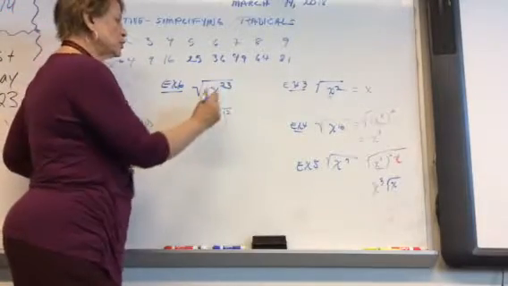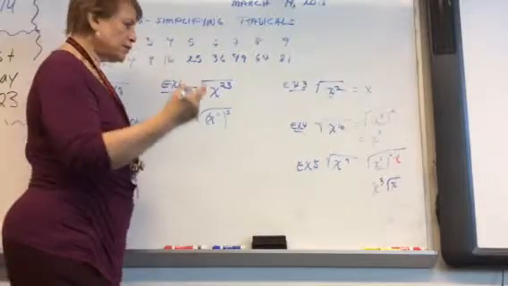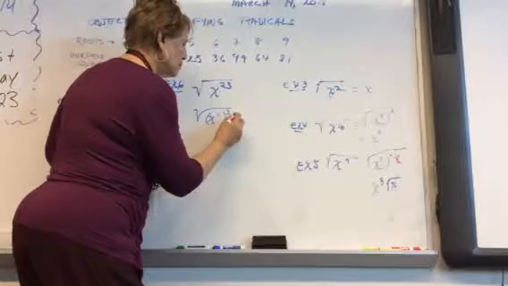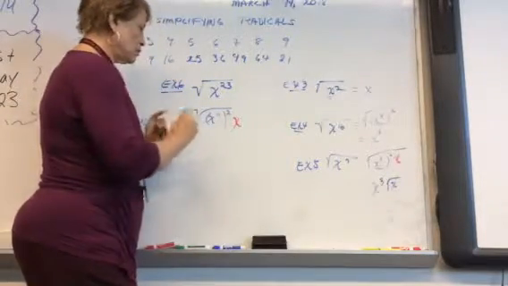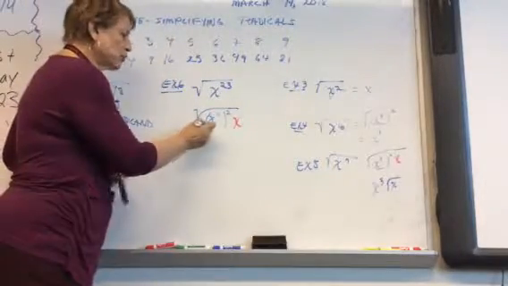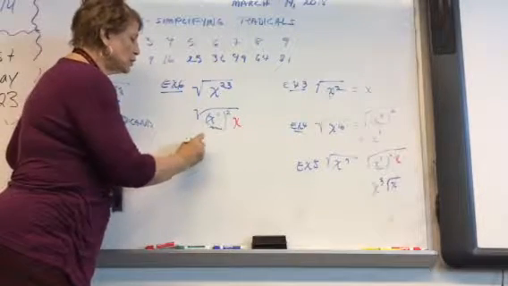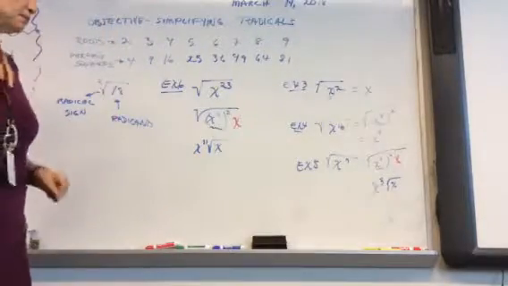Now 2 goes into 23 11 times with 1 left over, and that is going to be 1 x. So when I simplify this, I'm going to take out the square root of the perfect square, which is x to the 11th power, and that x is going to stay inside.